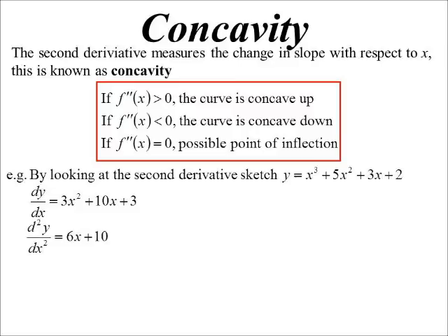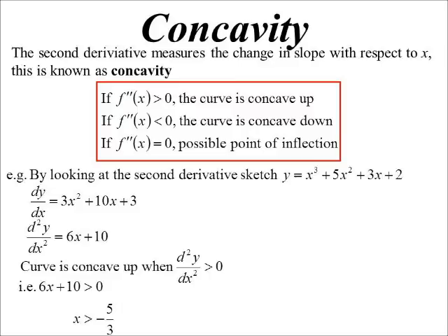Now I know it's going to be concave up when that second derivative is greater than 0. So if I solve that inequality, when x is greater than minus 5 on 3, the curve is concave up. Logically, when it's less than minus 5 on 3, it must be concave down.